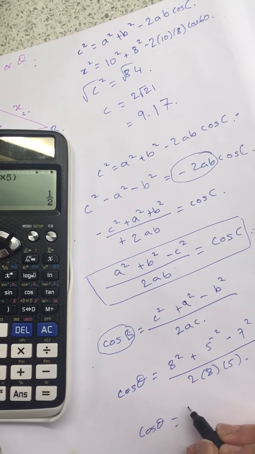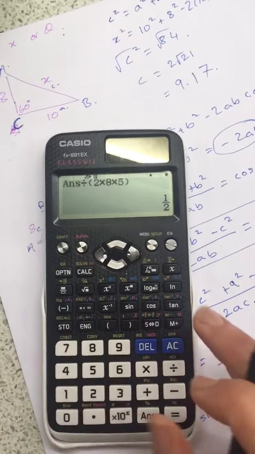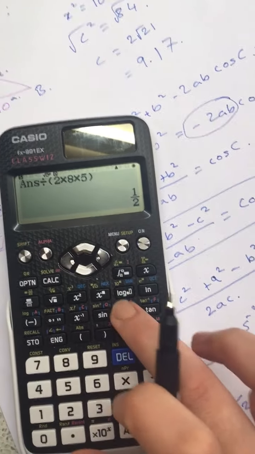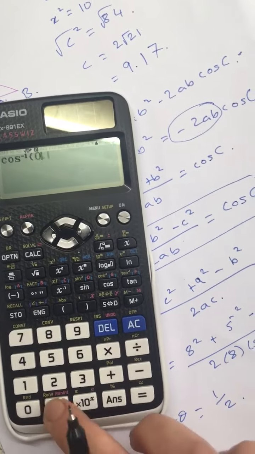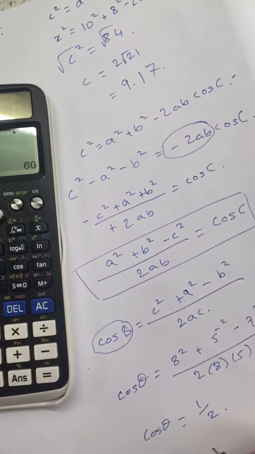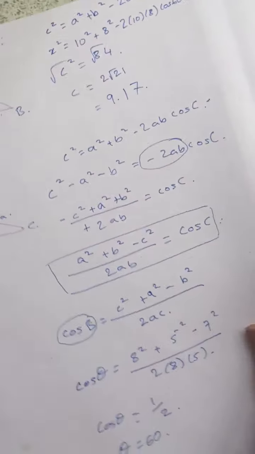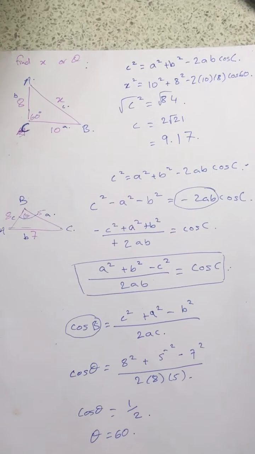So cos theta is a half. I want theta and not cos theta, so shift cos to the power of minus 1 of a half, 60. So I found theta. So these two examples using the cos rule.